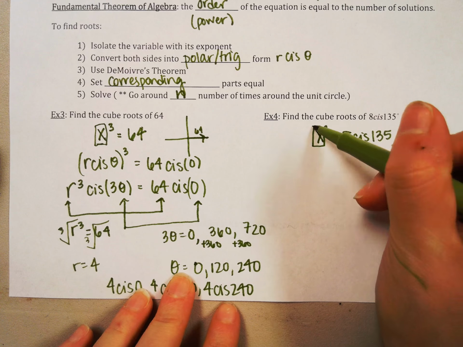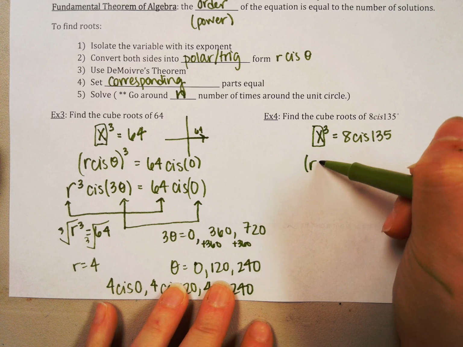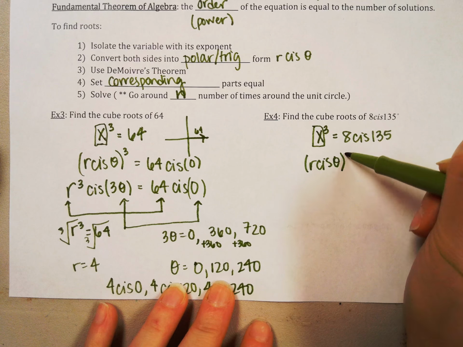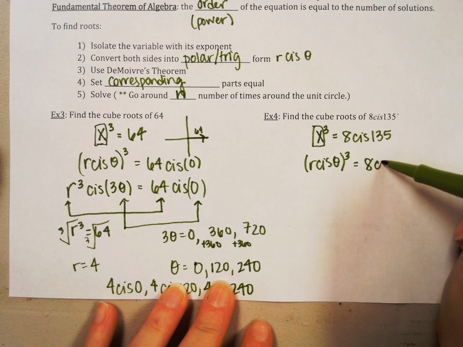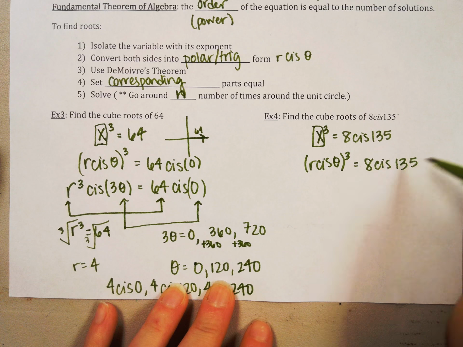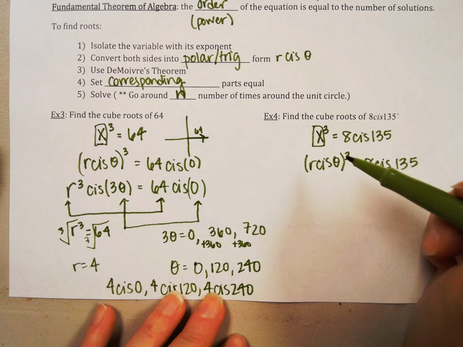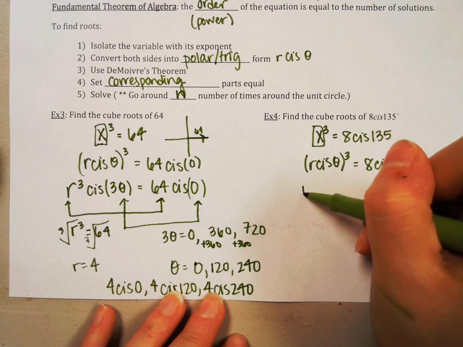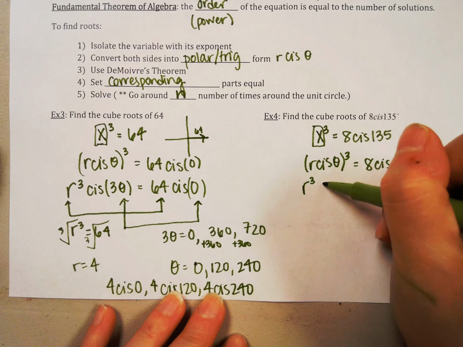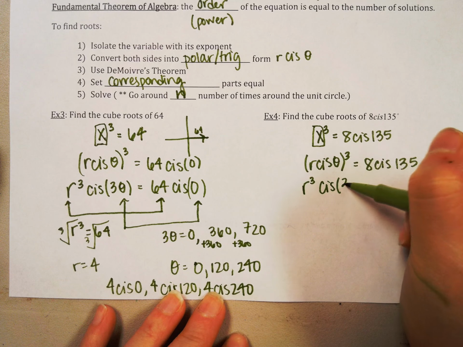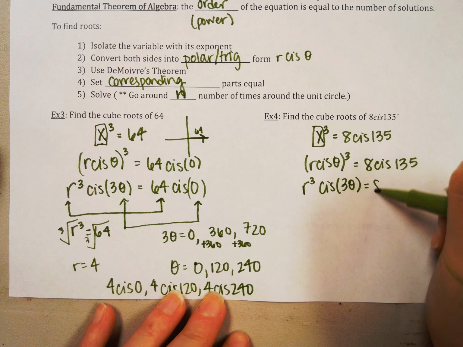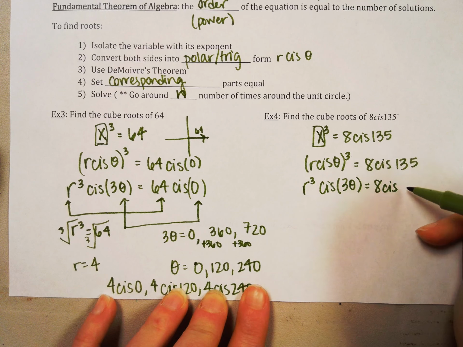We want to take this x and replace it with a polar number. And then we use de Moivre's theorem, so we pull down the power for our r value, we pull down the power and multiply it by theta, so we get the same thing that we just went through in example 3.